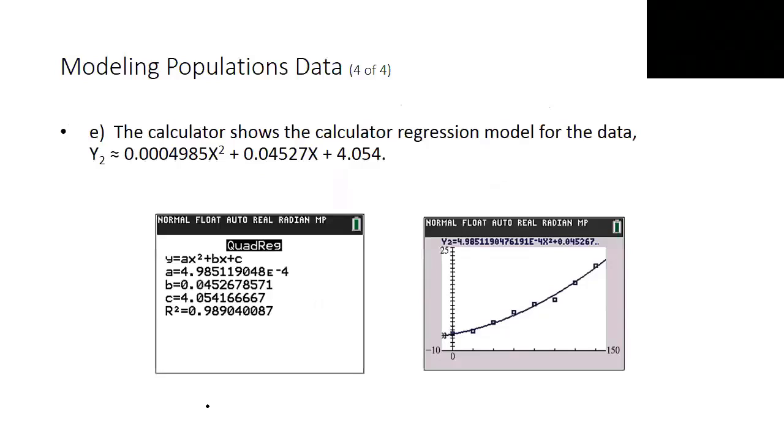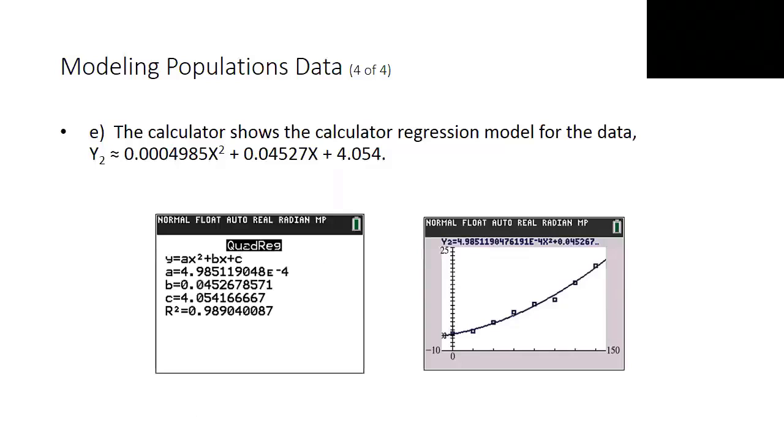For part E, we want to use quadratic regression, a further calculation using a graphing calculator, to determine the quadratic function g that provides the best fit, and graph g as y2.